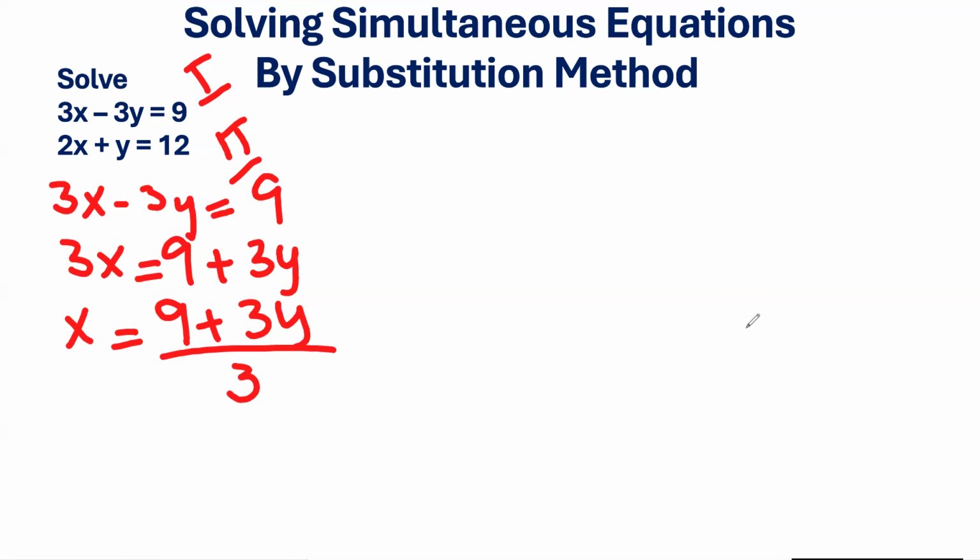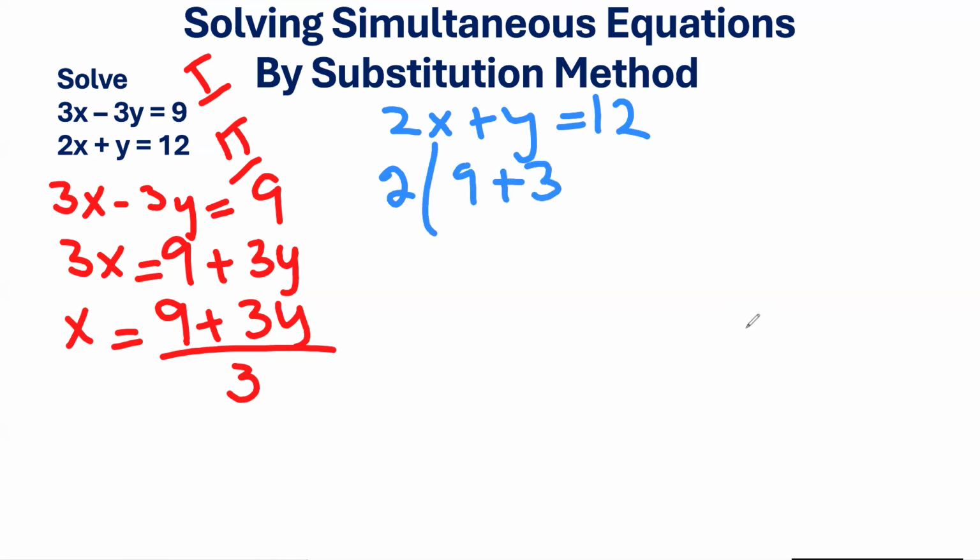So equation number 2 will become 2x plus y is equal to 12. This is equation number 2. After substituting the value of x, it is 2 times (9 plus 3y) divided by 3, plus y is equal to 12.